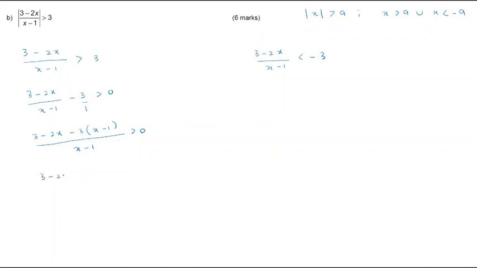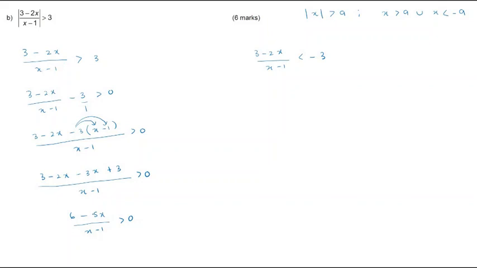So 3 minus 2x minus 3x plus 3 over x minus 1 more than 0. Okay, negative 3 multiplied by x is negative. Negative multiplied by negative is positive. Simplify. 3 plus 3, 6. Negative 2 minus 3, negative 5x over x minus 1 more than 0.